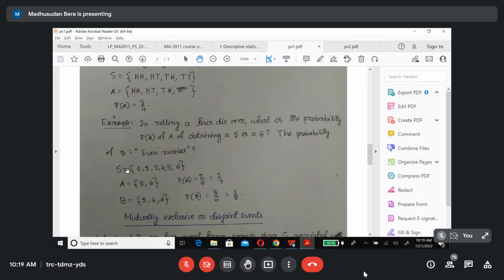S is the set 1, 2, 3, 4, 5, 6. A is 5, 6, so P of A is 2 by 6, that is 1/3. Then B, even numbers: 2, 4, 6. Probability of B is 3 by 6, that is half. So these two examples are clear by the classical definition.